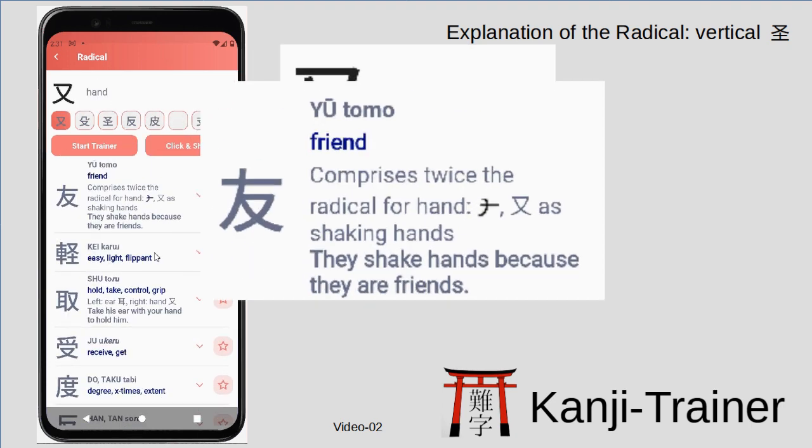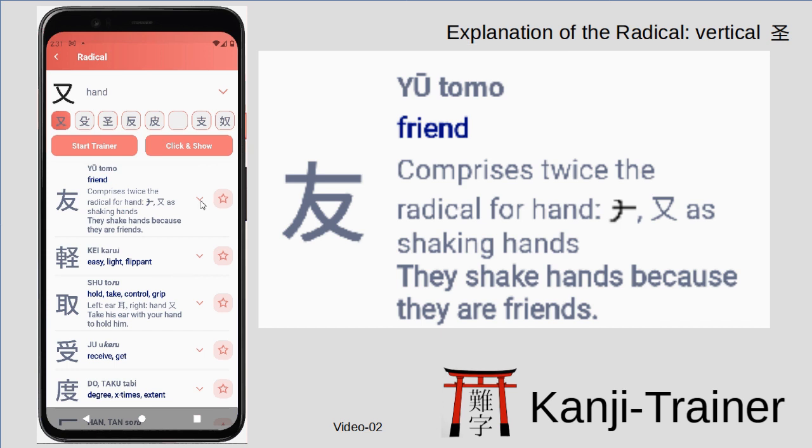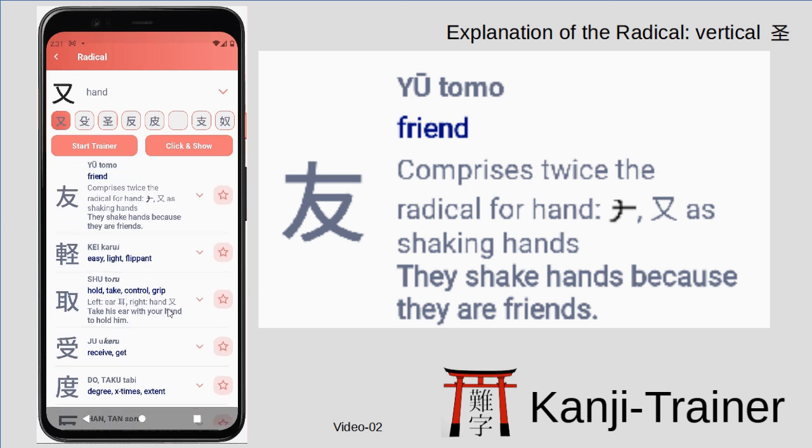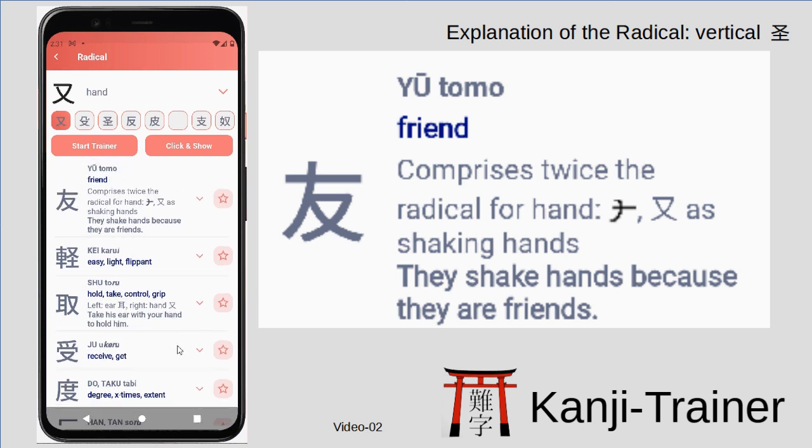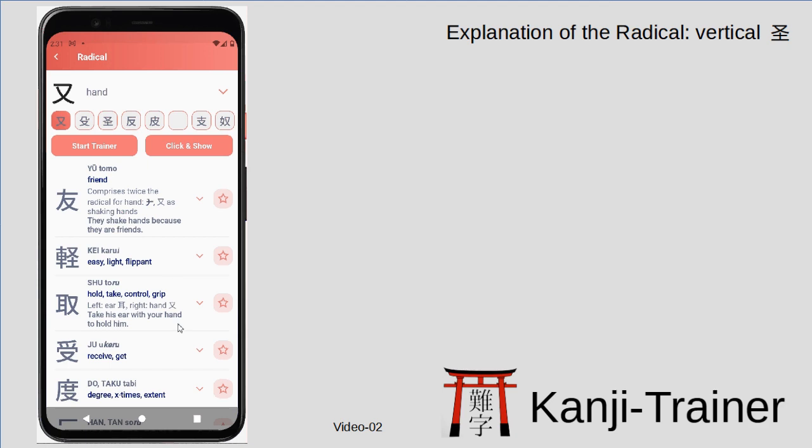The first entry has the meaning friend and the pronunciation tomo, like tomodachi, and it is composed of twice the character for hand. The memory phrase for friend is, they shake hands because they are friends. So two hands in combination means friend. The second entry means easy or light, which we already discussed.